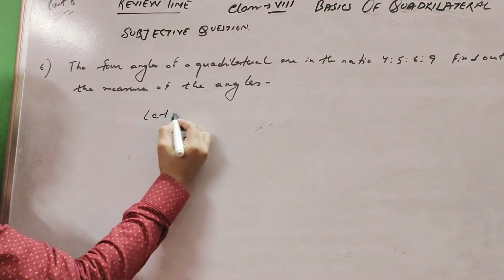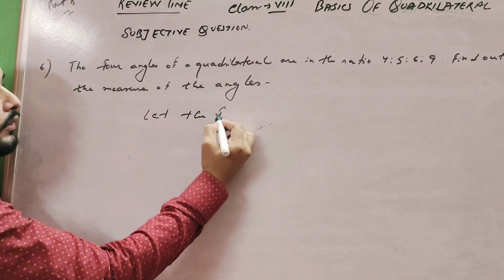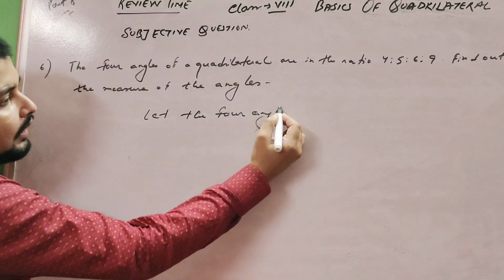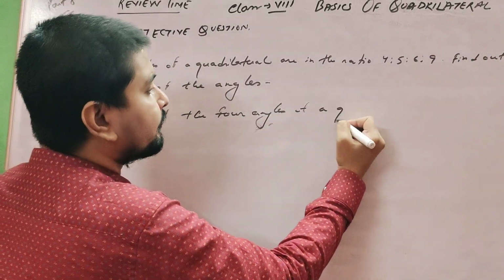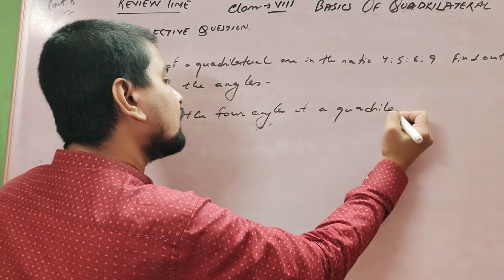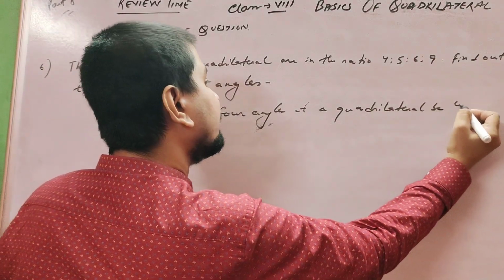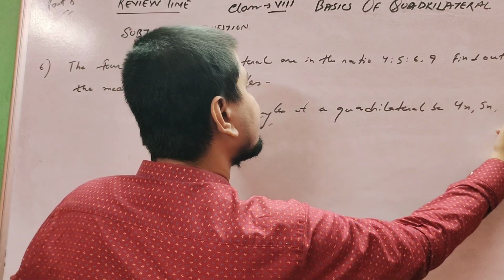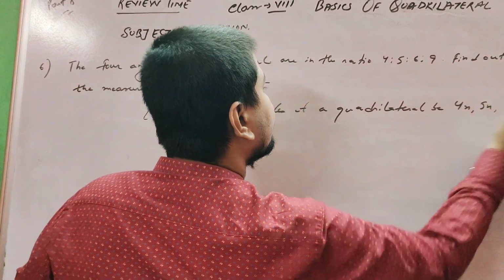Okay, so four angles of a quadrilateral are in the ratio. So let the four angles of a quadrilateral be 4x, 5x, 6x and 9x.